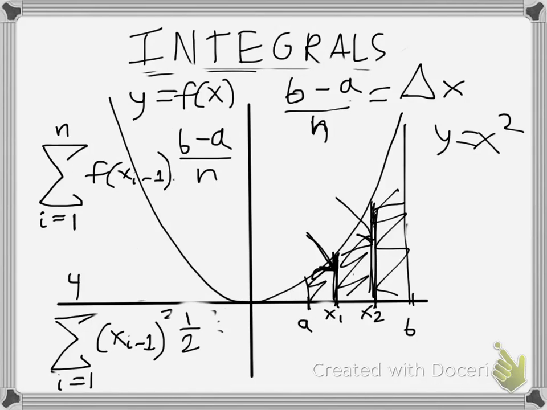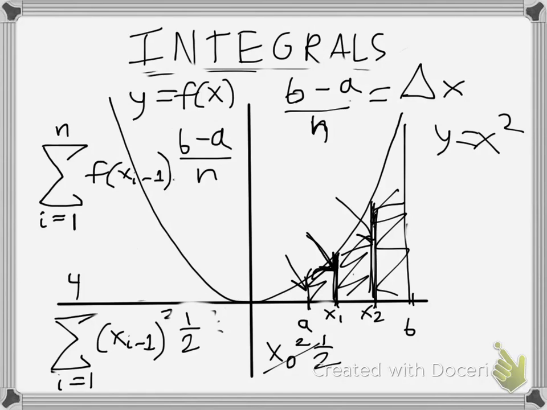So what does this mean? Let's take i equals 1. So it would be x0 squared times 1/2. There is no x0 right here, so that would be 0.